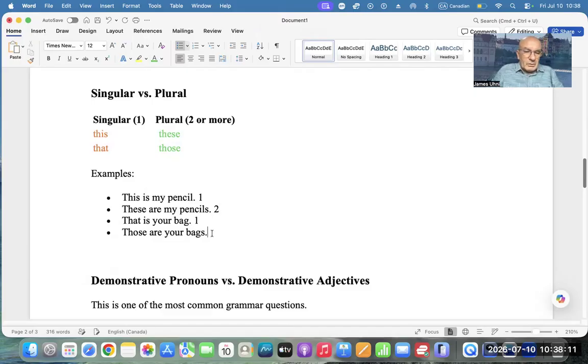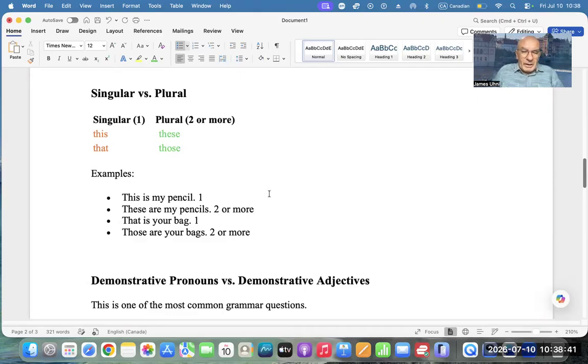Those are your bags, two or more. So we can say, this is my pencil, the one. These are my pencils in that bag, and there could be 2 or 20 or even more.